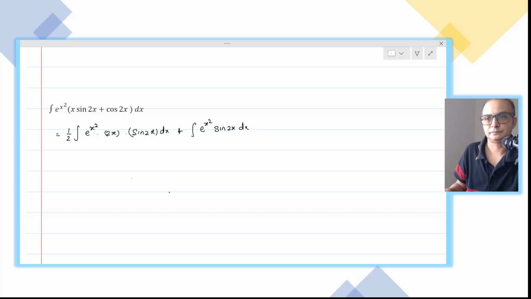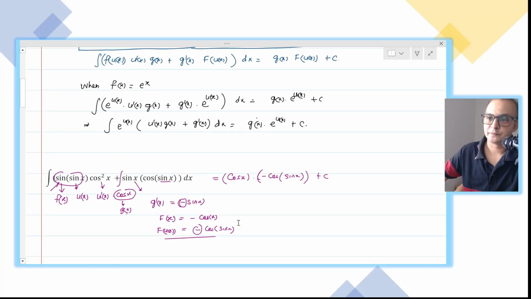And this is the structure we got, and we can see what is happening there. This is u(x), this is u'(x), this is our g(x), correct? And now I have to search there whether, what is the formula you see here?